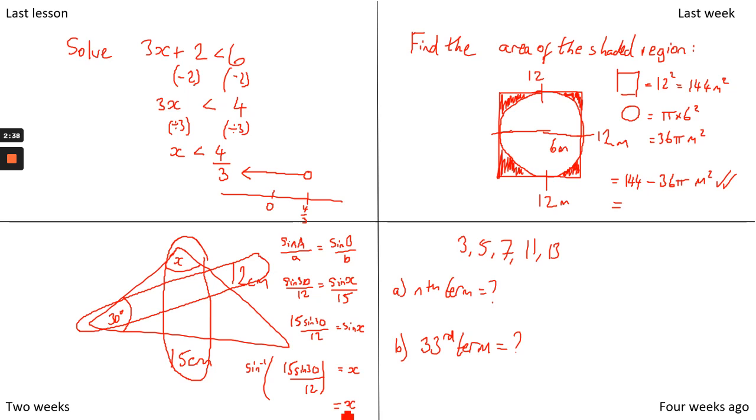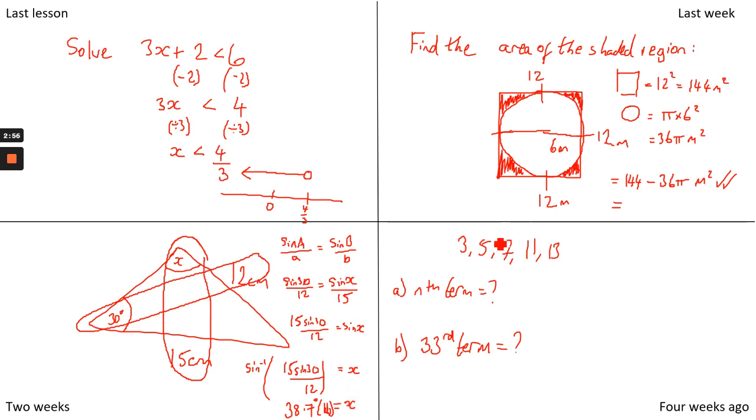And then if you just type that into your calculator, paying particular attention with the brackets, I've done this correctly, you should get an angle of 38.7 degrees to 1 decimal place.